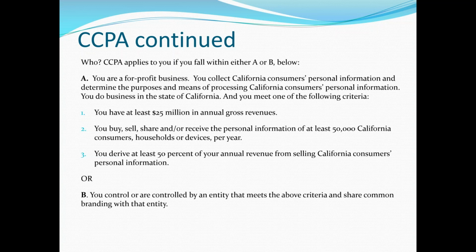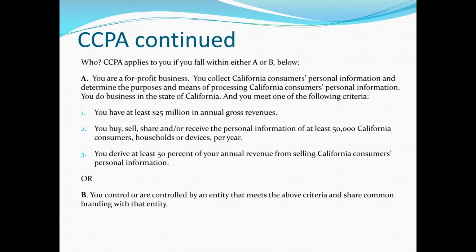And you do business in the state of California. And you have to meet one of the following criteria. You have at least $25 million in annual gross revenue. Two, you buy, sell, share, and or receive personal information of at least 50,000 California consumers, households, or devices per year.